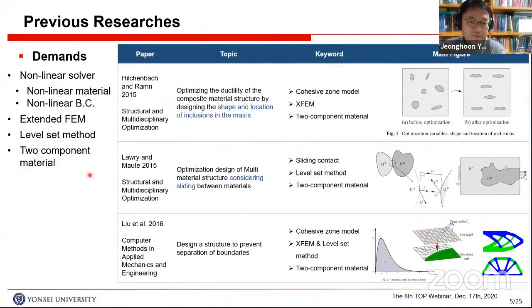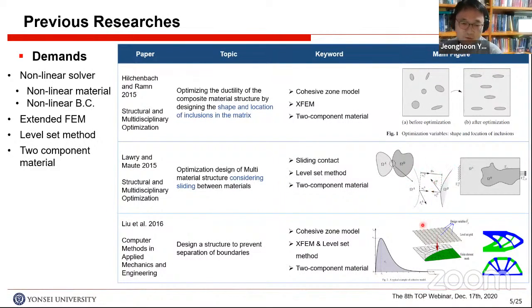Here are some previous works. The first one is composite material design using the inclusion of a matrix, and this study looks at the shape and location of the inclusion. The second one is about 2-material phase designs, considering sliding between the boundaries.